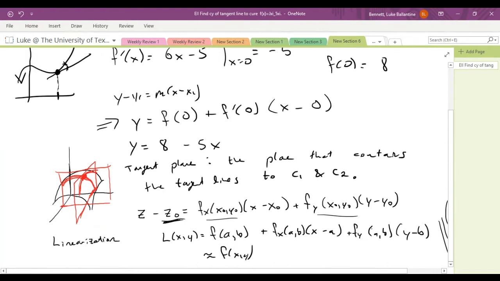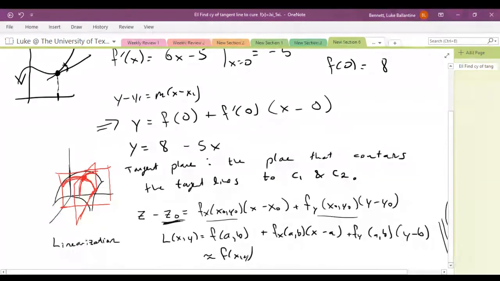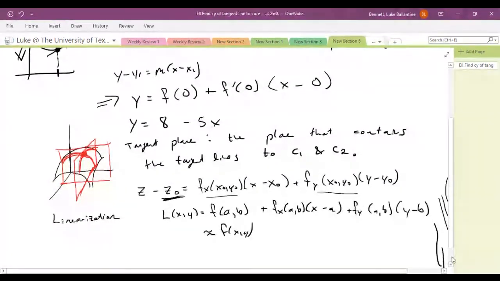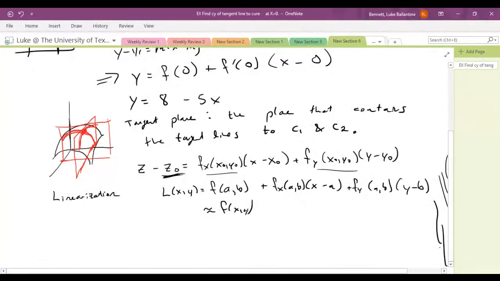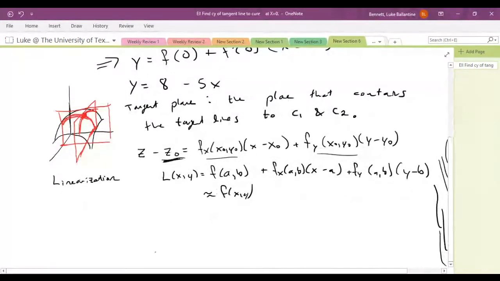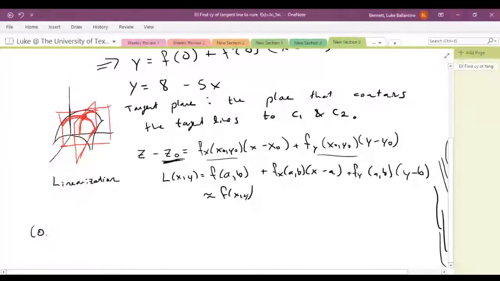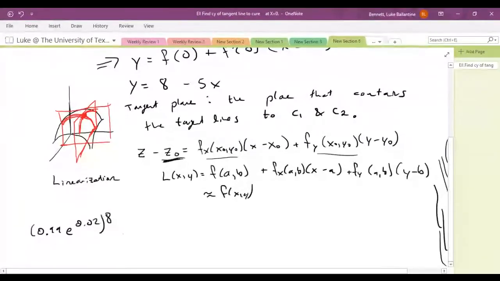Okay, so let's say we don't have a calculator. We have no calculator, and someone asks us, hey, can you approximate the value of 0.99 times e to the 0.02, all to the 8th, for me? Well, now we can, because we have this multivariable calculus at our disposal.